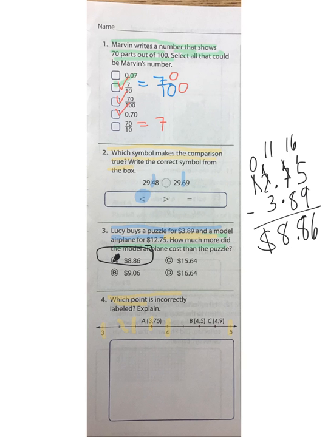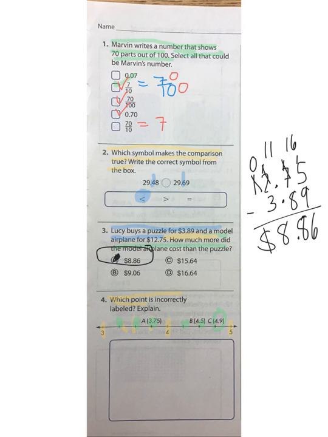So I have 3.25 would be right here, 3.5 would be right here, and 3.75 would be right here. So A is labeled correctly. Now I'm going to have 4.25, 4.5, and this one is labeled incorrectly because it should be 4.75.